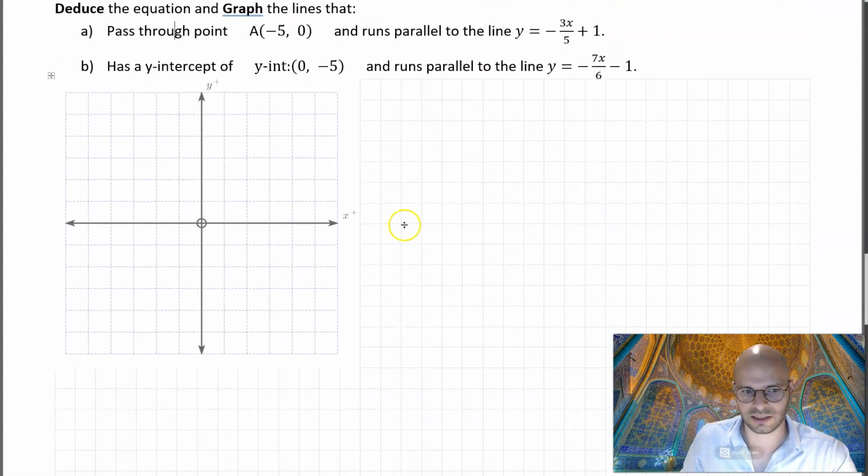Then secondly, you're going to deduce the equation and graph the line that has a y-intercept of (0, -5), and runs parallel to the line y equals -7x over 6 minus 1. What I'd like you to do is pause the video here, have a go at these, and then when you've had a go, unpause and we'll go through the solution together.